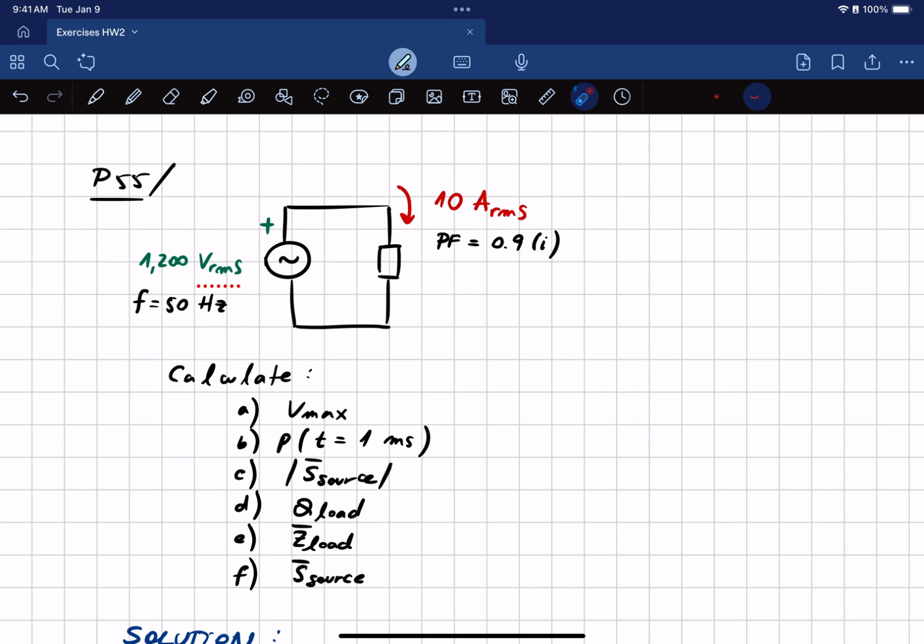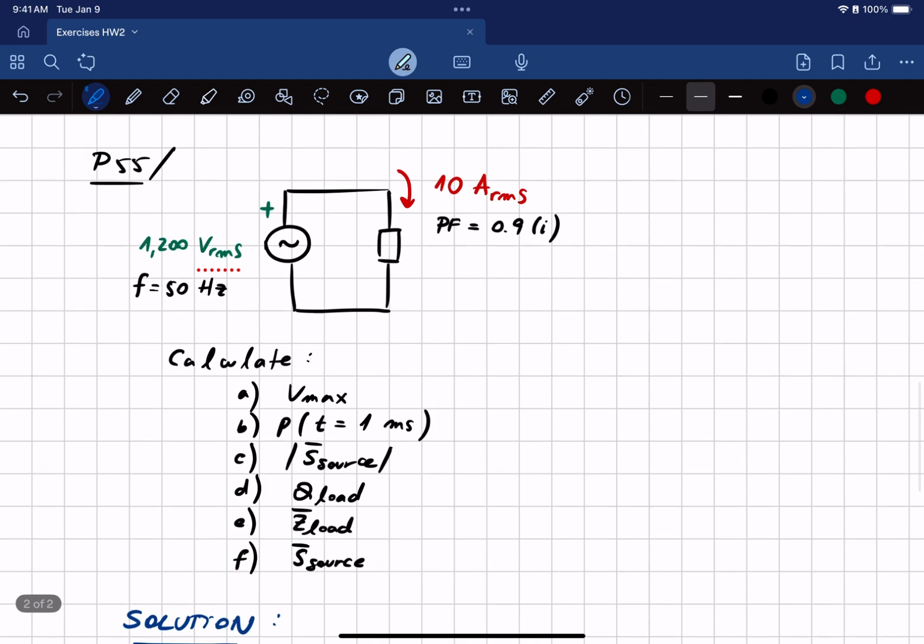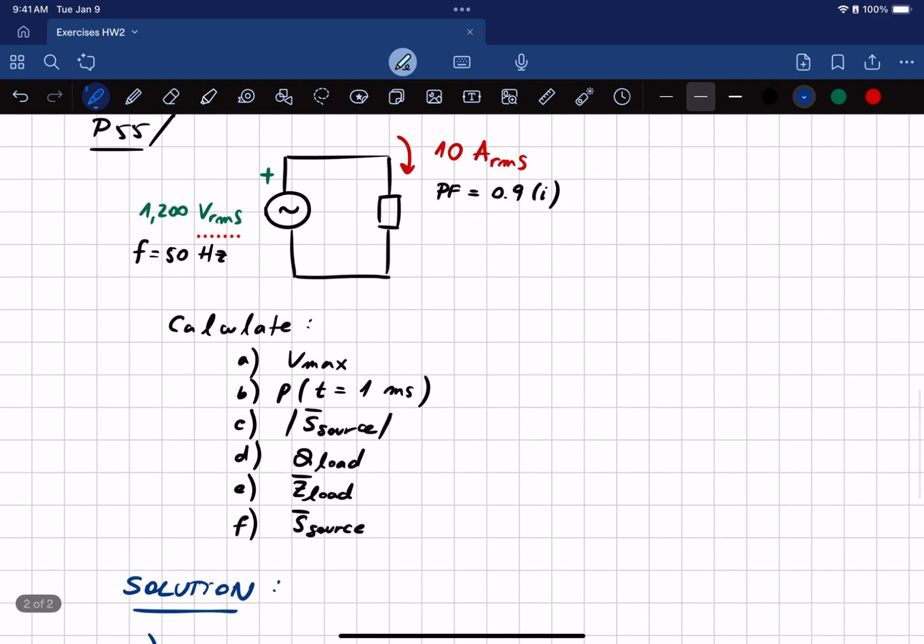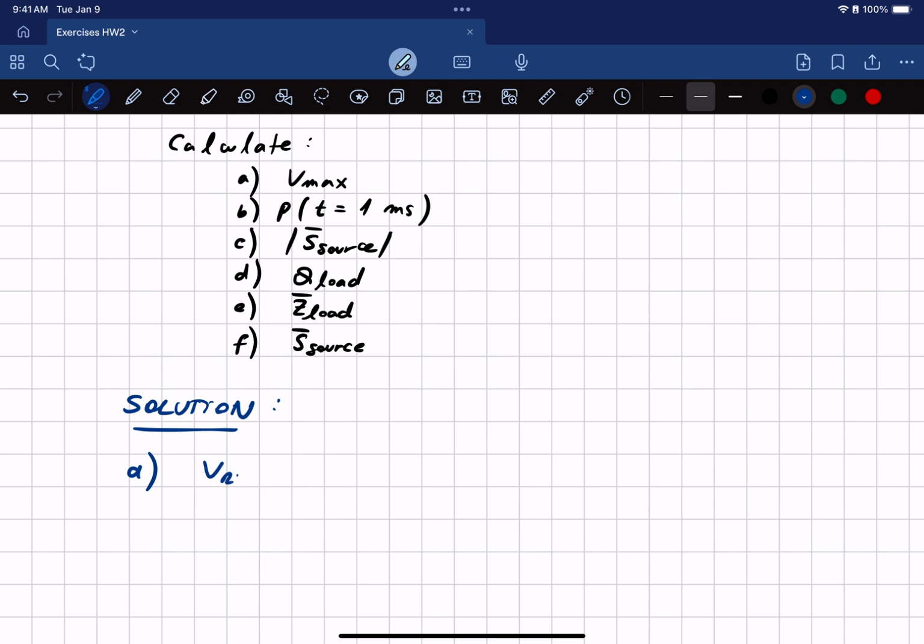So the first question asks to calculate the peak voltage magnitude. Now from the previous video, we're experts on this, right? We have an RMS value, which in this case we can assume is coming from a pure sinusoidal wave of 50 hertz. So the relationship here, the maximum value we want, Vmax, equals square root of 2 times VRMS.